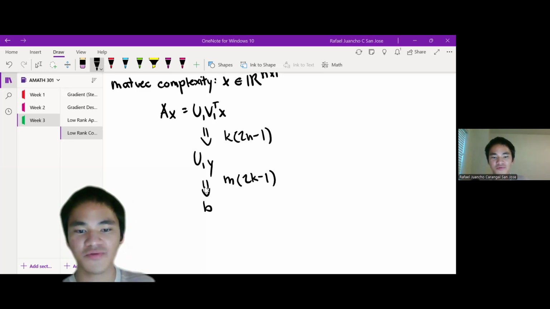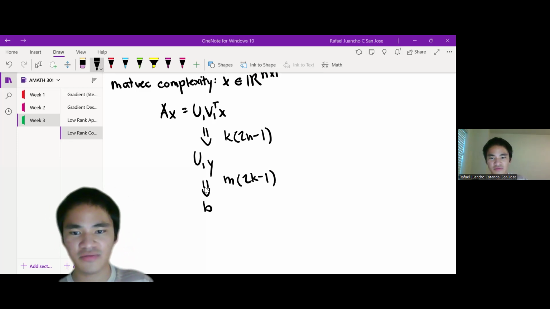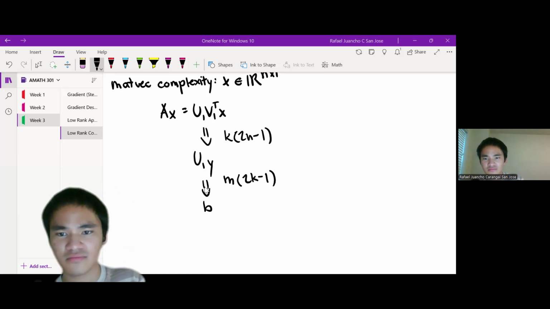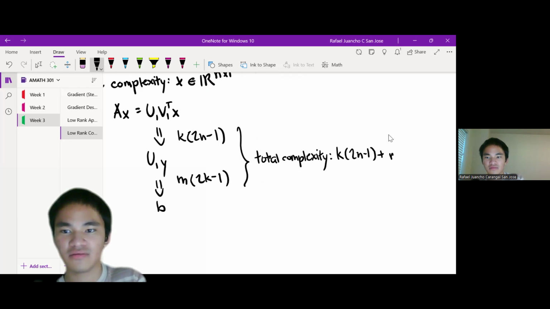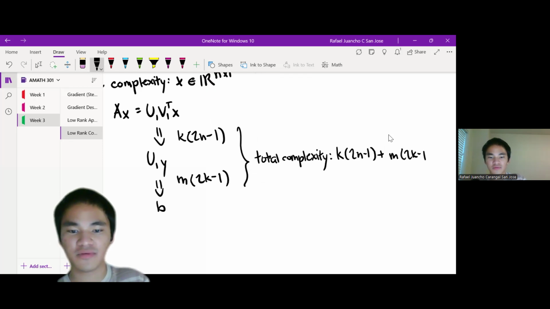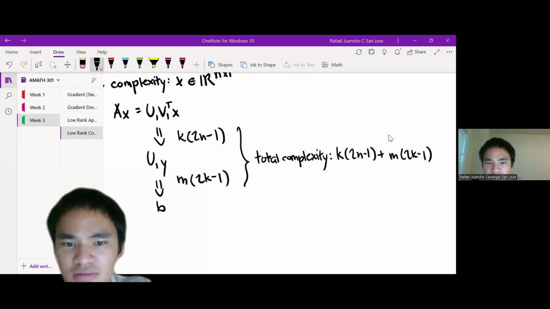And so those are the two things, and the total complexity then of these two would just be to add these together. M by 2k minus 1.